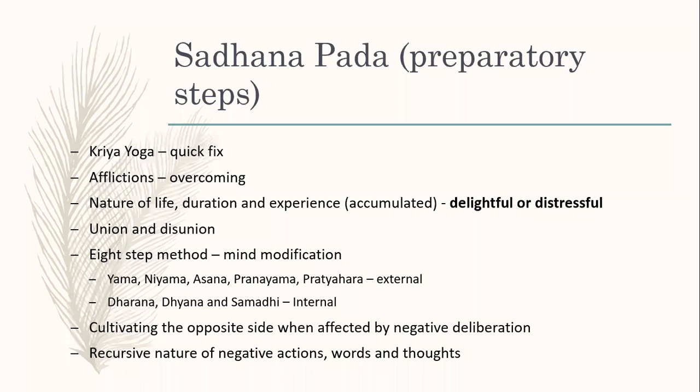So we need asanas, we need pranayama, and asanas will be more effulgent only when supported with pranayama, and pranayama should be practiced only after asana. So there is an interlink between these steps, one after the other. We will see all about that. So the 5 steps of Ashtanga Yoga are external preparation.